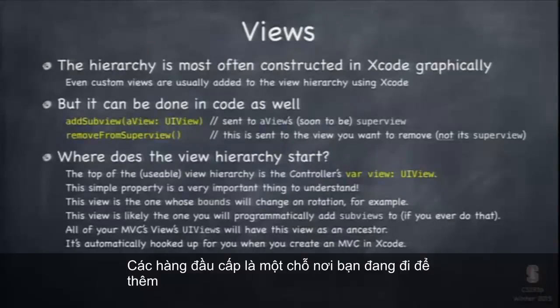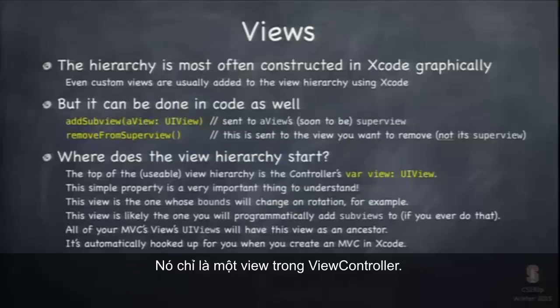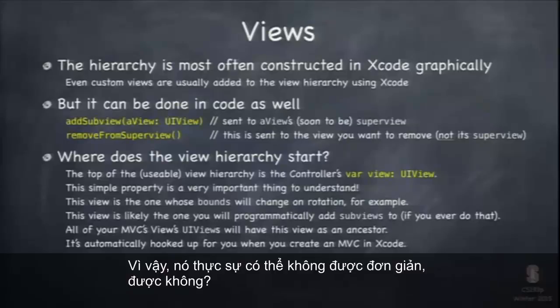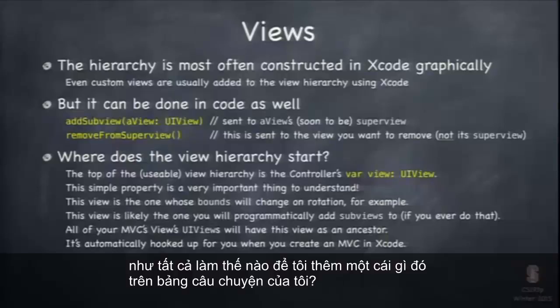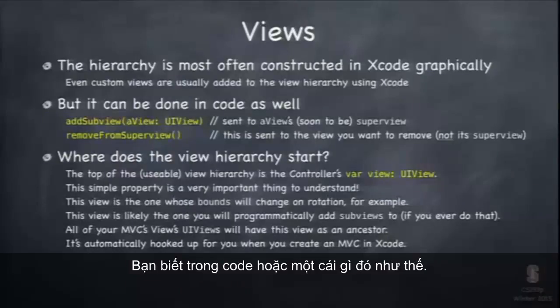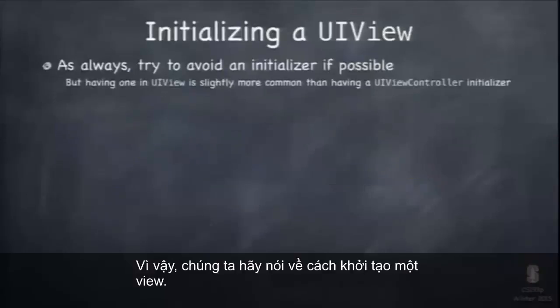The top level one, the place where you're going to add your top level views, is called view in your view controller. It's just a property in your view controller. So it really couldn't be simpler. Okay? But sometimes students, they just forget that that's there, and they're like, oh, how do I add something to my storyboard, in code or something like that? Well, you just add it to the view of your UIViewController. Okay? So let's talk about initializing a view.